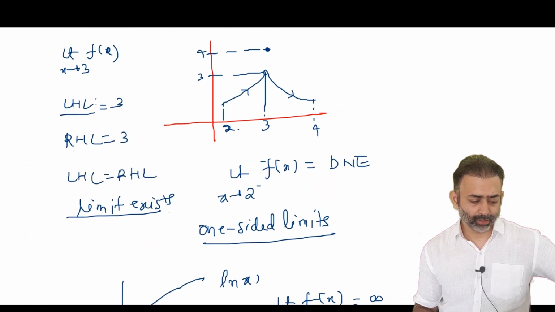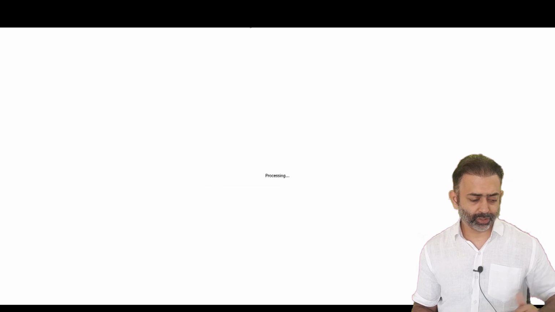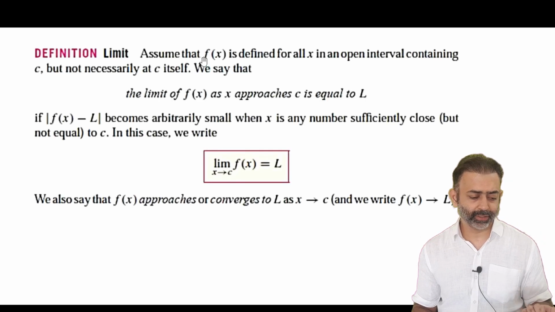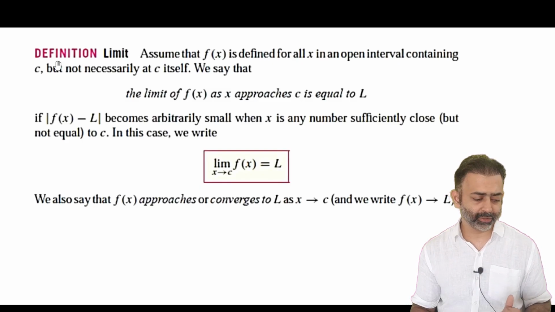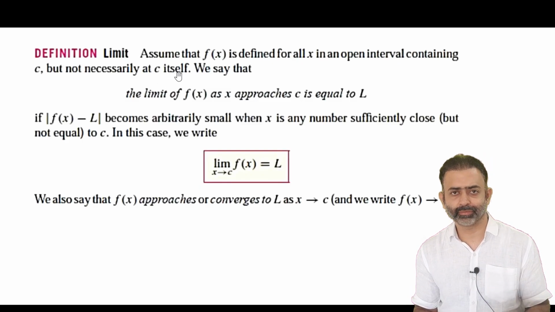So this is the formal definition of the limit that assumes that f(x) is defined for all x in an open interval containing c. So this c is basically the point at which we are finding the limit, but not necessarily at c itself.